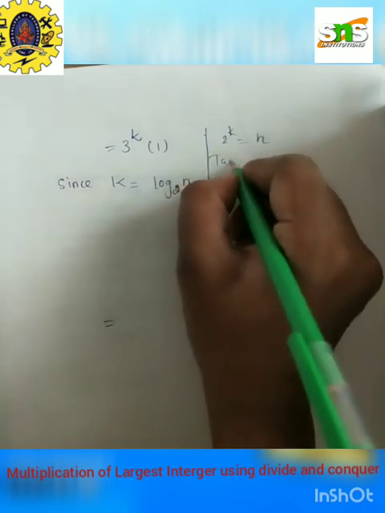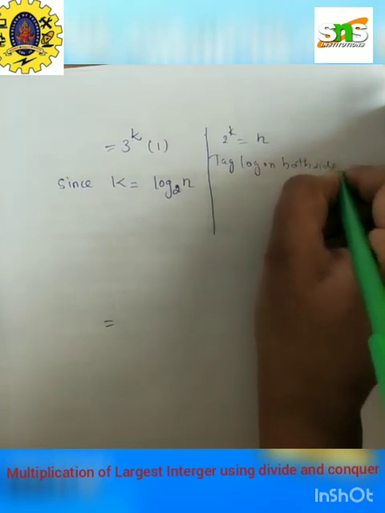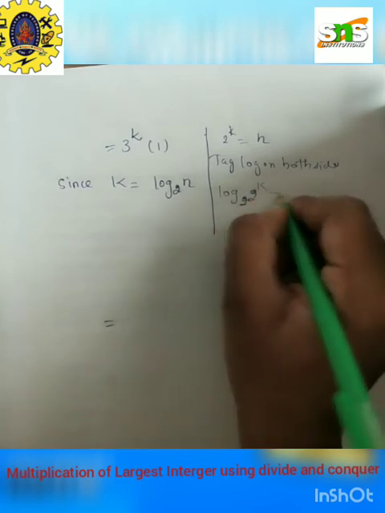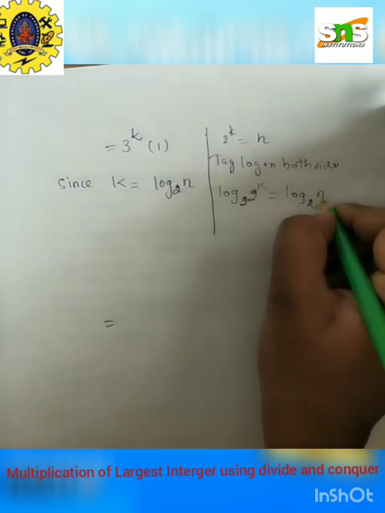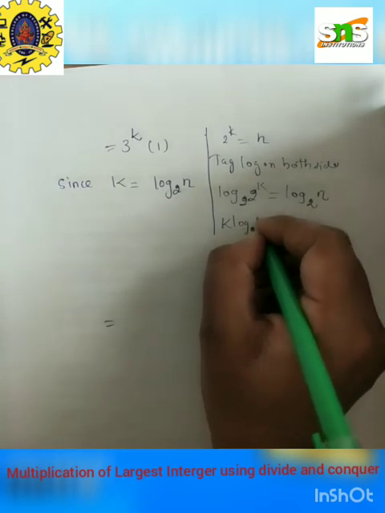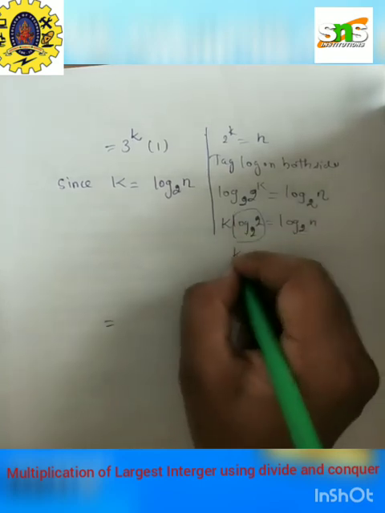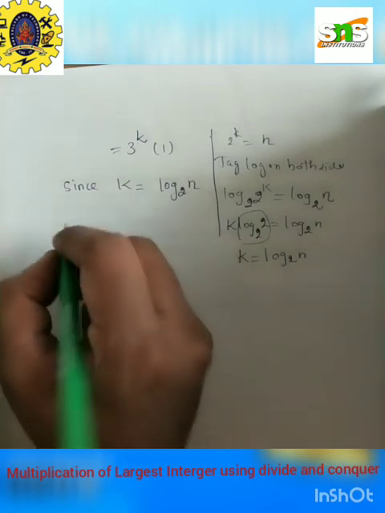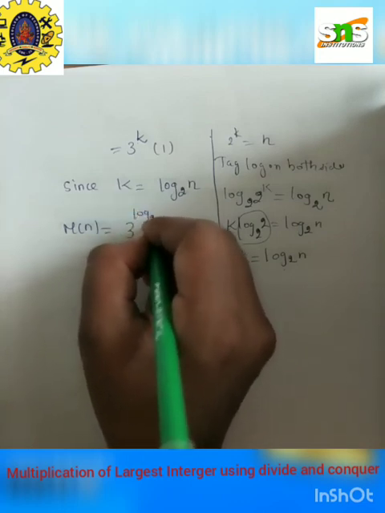Take log on both sides: k into log to the base 2 of 2 equals log to the base 2 of n. This is replaced with 1, so k is equal to log to the base 2 of n. The k value is written here, so m of n is equal to 3 power log to the base 2 of n.